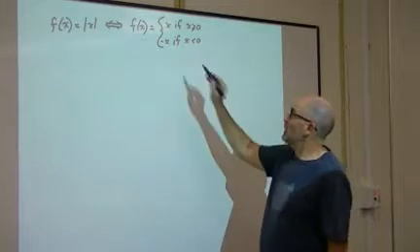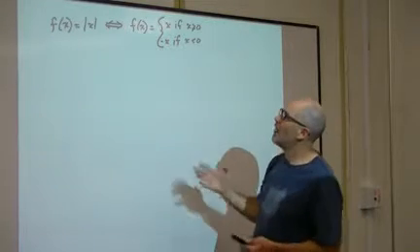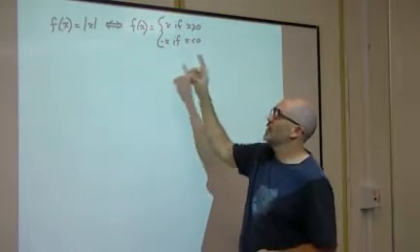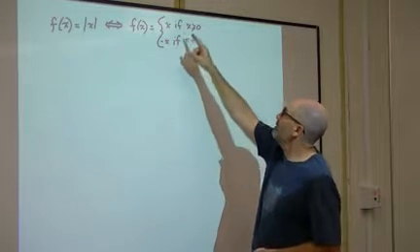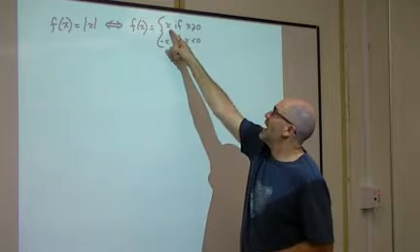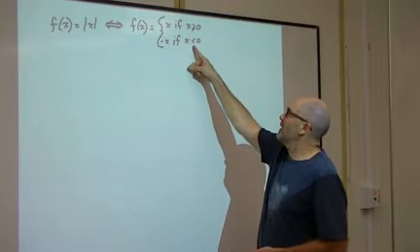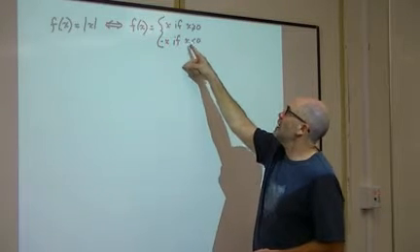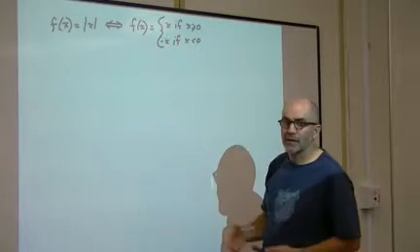Now, this confuses a lot of people because you're going like, hey, wait, I thought absolute value was always going to be positive. Well, notice, if x is greater than 0, then yeah, x is positive. But if x is less than 0, then you need to make the negative of that negative to make it positive.